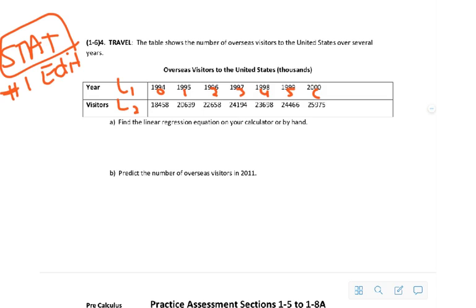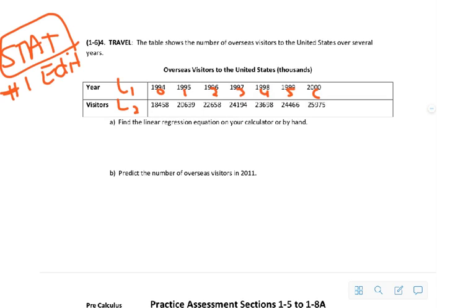Put the cursor on L2, press the clear button, and press down. If you accidentally press the delete button, it will make the list go away. It is very easy to come back. You just press Stat, number 5, Enter, and then it'll come back.